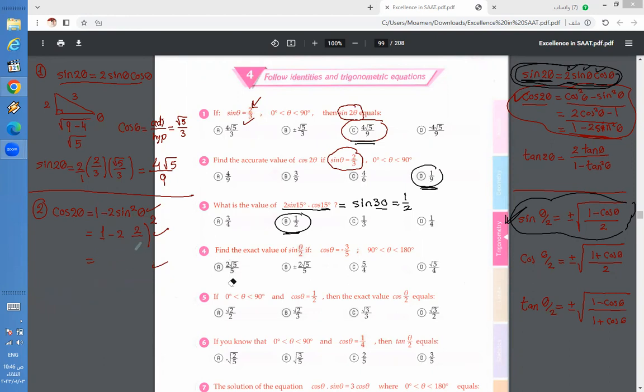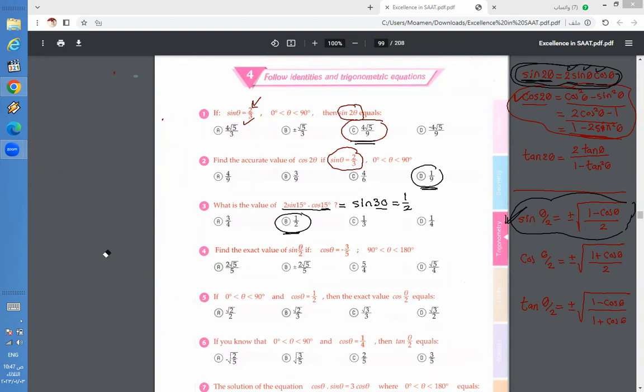If 0 is smaller than theta smaller than 90, and cosine theta equals half, then the exact value of cosine theta over 2 equals. About this, in which quadrant do we work? I guess, Mr., the first. Yes, excellent. From 0 to 90, you work in the first quadrant.